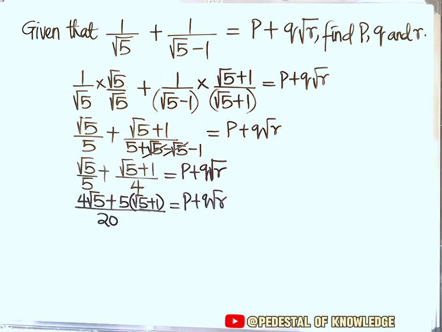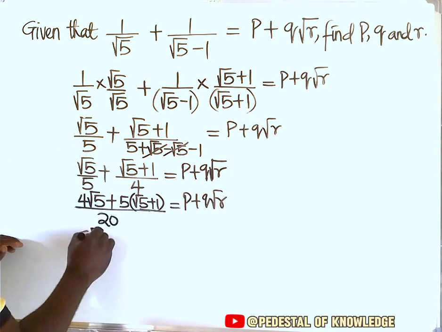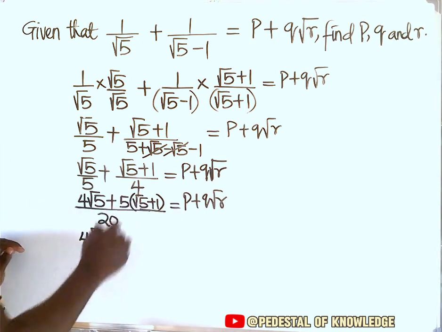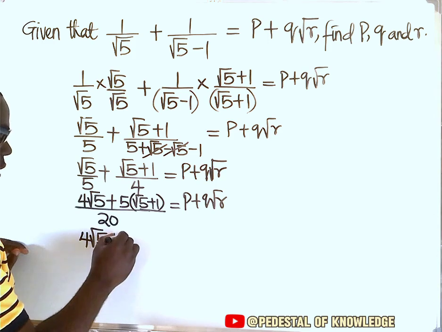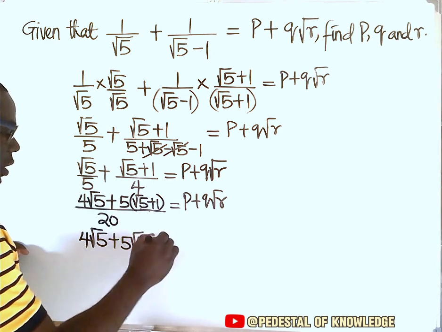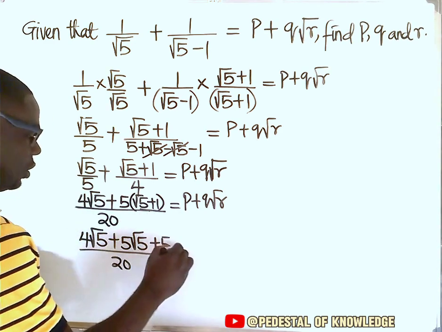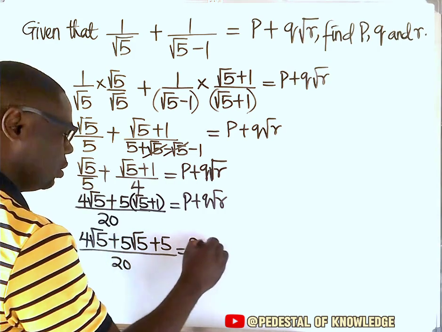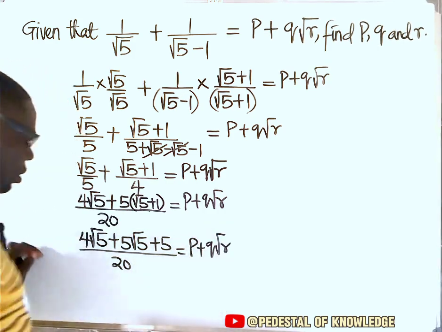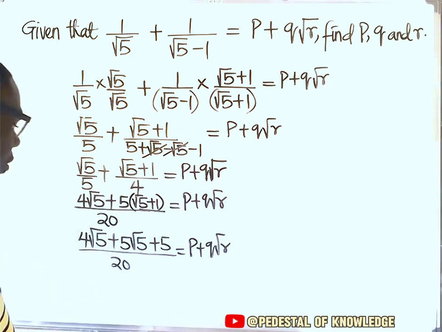Okay, now this is the same thing as 4 root 5 plus, use this 5 to multiply through. Now 5 times root 5 will give us 5 root 5 plus 5 times 1 is 5 divided by 20 is equal to P plus Q root R. Okay, now 4 root 5 plus 5 root 5 will give us 9 root 5.